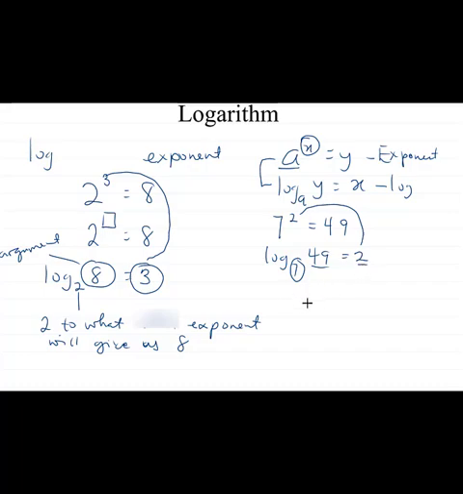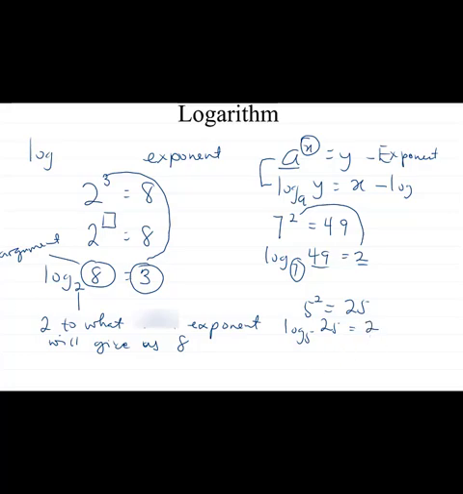Or 5 squared will give us 25. We can express this in log form as log base 5 of 25. The question is, 5 to what exponent? So we realize that we are always looking for the exponent in a logarithm. So 5 to what exponent will give us 25? Our answer will obviously be 2.